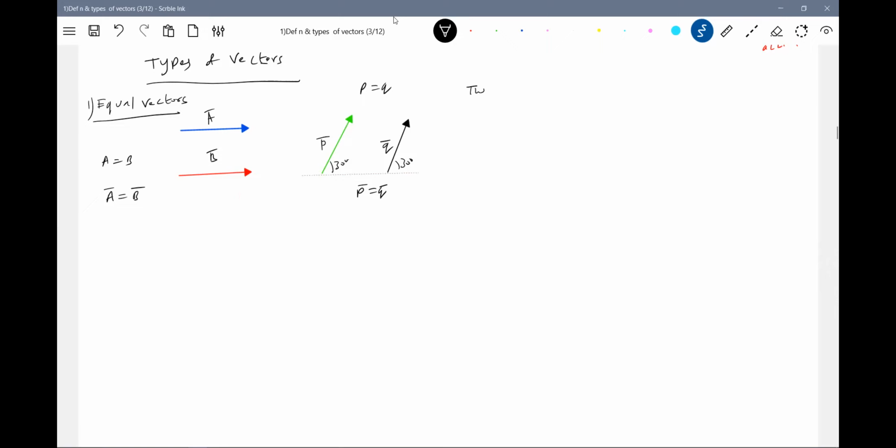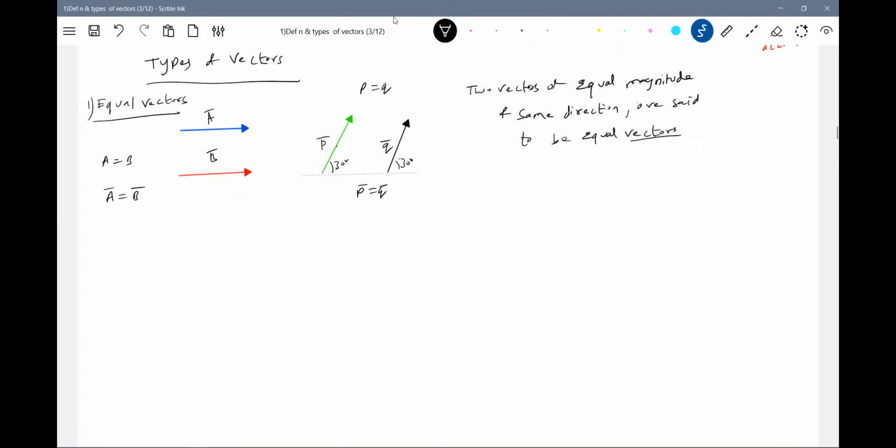Two vectors of equal magnitude and direction are said to be equal. If two vectors have equal magnitude and the same direction, they are said to be equal vectors.